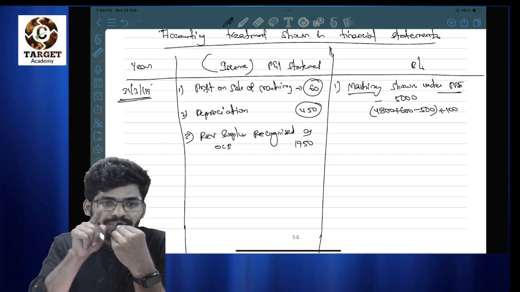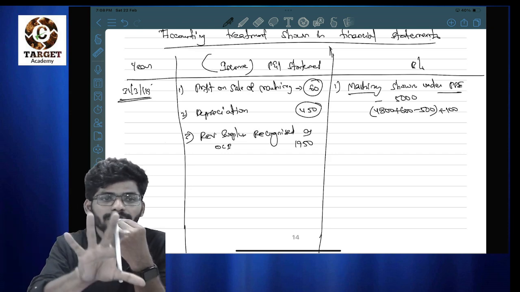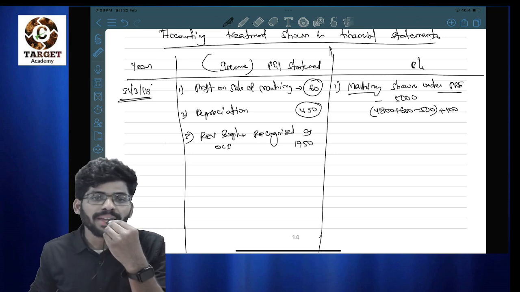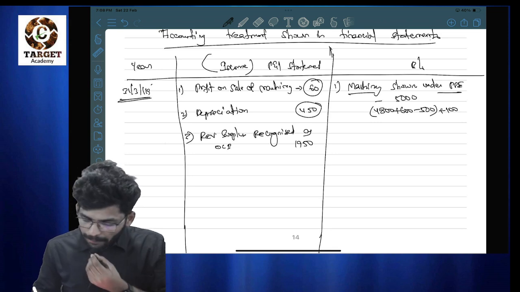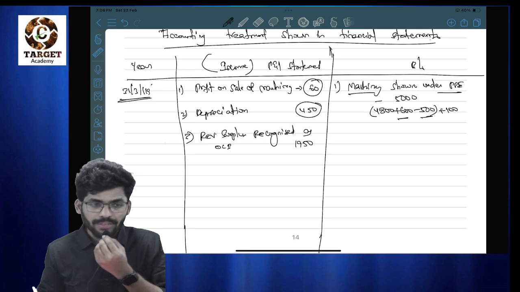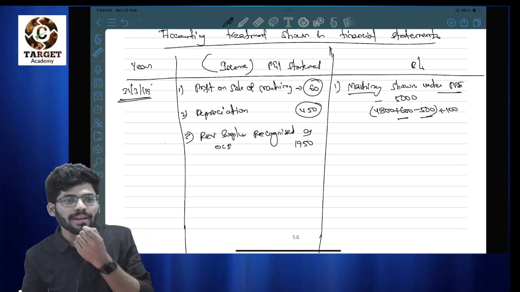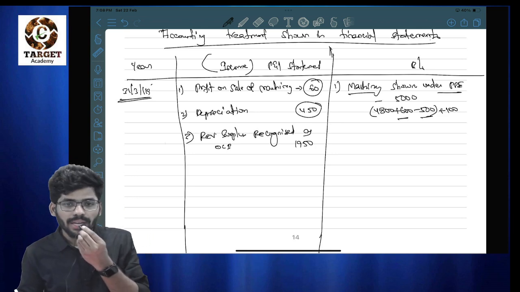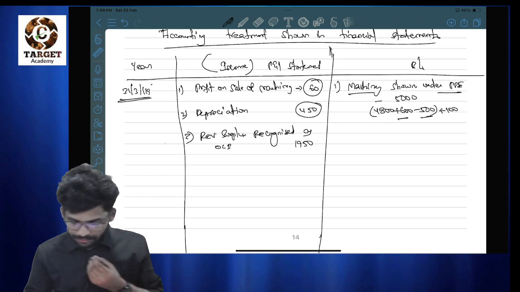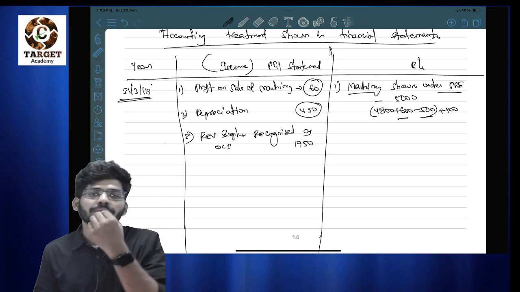The question itself is saying directly the asset should be at 5,000. Which means as of now the cost of the asset is 4,800 plus 600 minus 500, which means 4,900. Correct or not? So 100 is the revaluation. 100 is only the revaluation. Okay. So how much? 5,000.